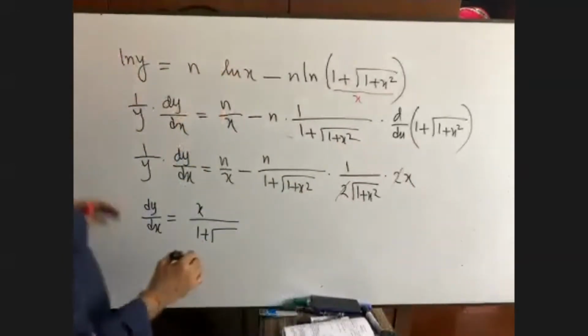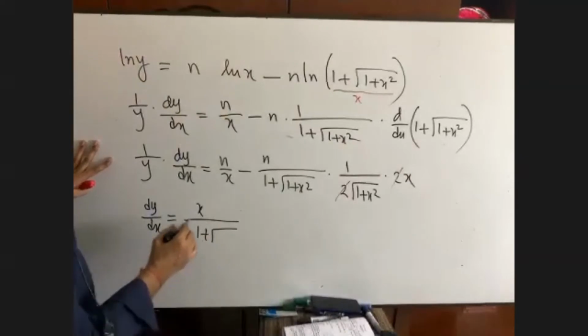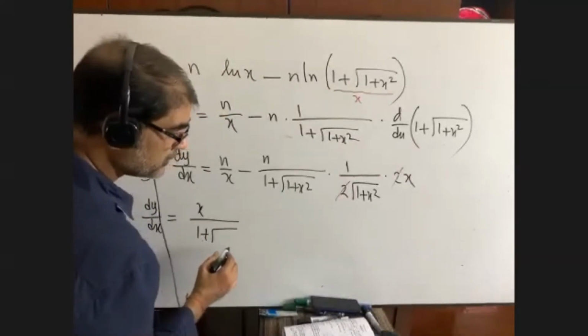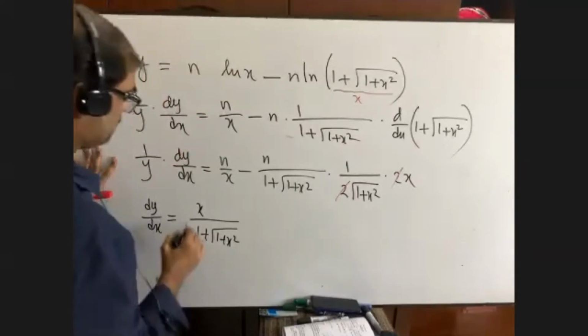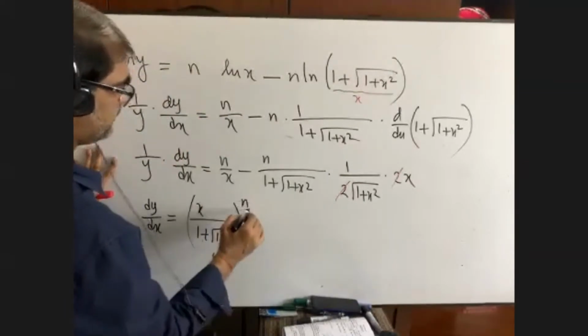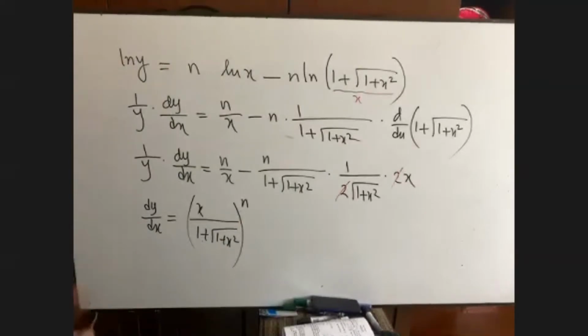So anyway, y is x over 1 plus root over 1 plus x square, whole to the power n. This is the y.